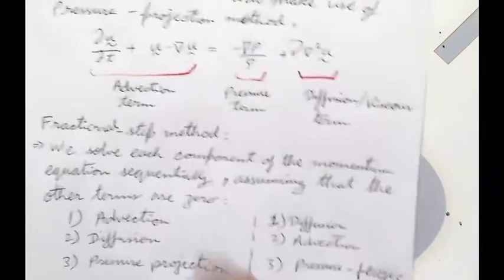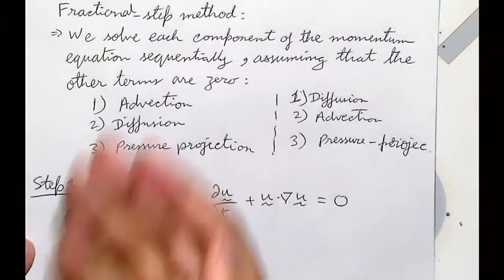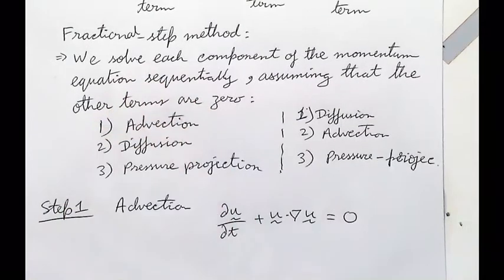See, all the other terms I have set to 0, I've only kept the advection term. That's the idea behind this fractional step. And this introduces an error in time. Okay. But it turns out that if you keep the delta t small enough, these errors are not too problematic.